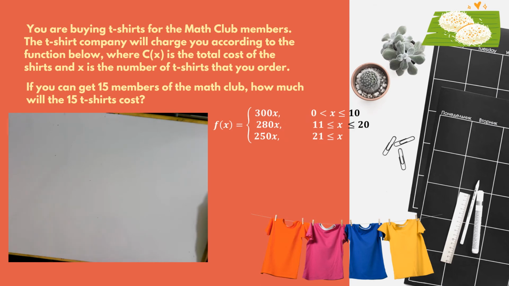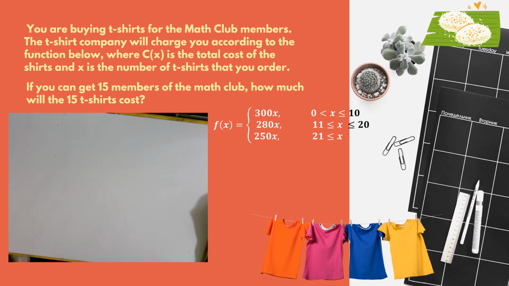Now, the given function is f of x is equal to 300x if x is greater than 0 and less than or equal to 10. 280x if x is greater than or equal to 11 or less than or equal to 20. And 250x if x is greater than or equal to 21.